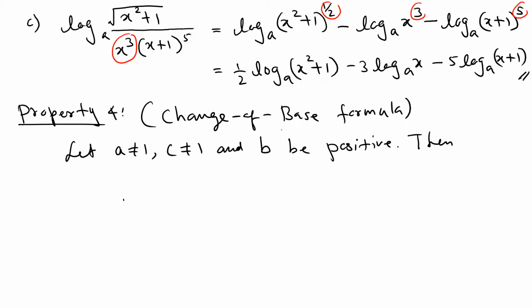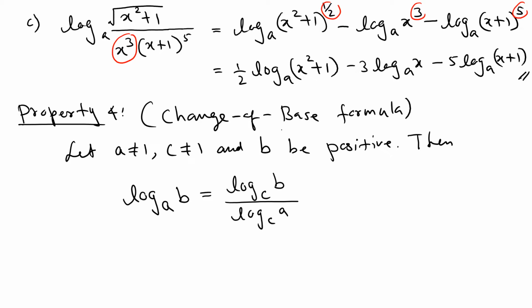Then what happened? The log base A of B, you can write using any other base. If you use a general base C, this simply equals the log of the B term divided by the log of the A term.